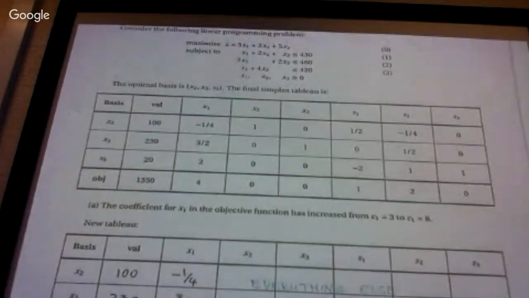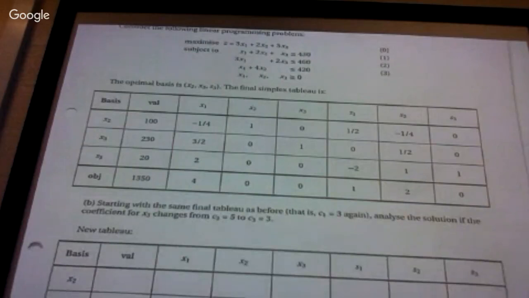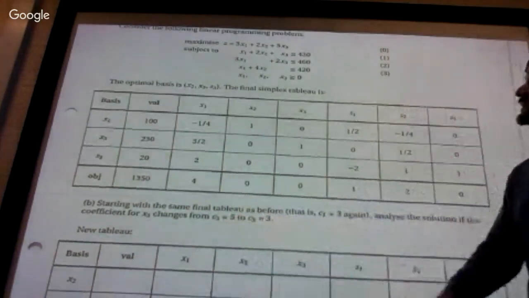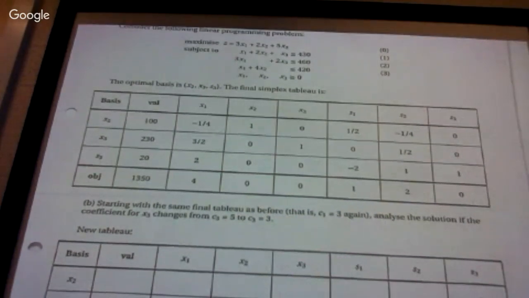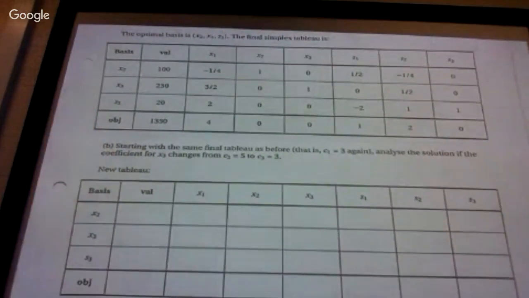Okay, so now the next thing that we have, part B. This is telling us to forget what we've just done with C1. C1 is 3 again, but what we want to change is C3 from 5 to 3. Now, the third product is a bit less profitable, so it might happen that we stop making it, but we need to work that out.